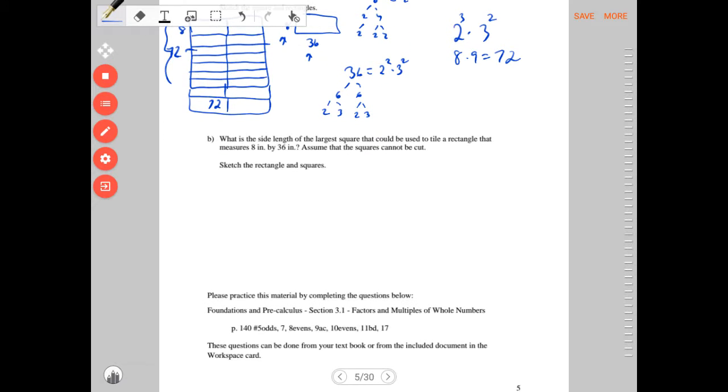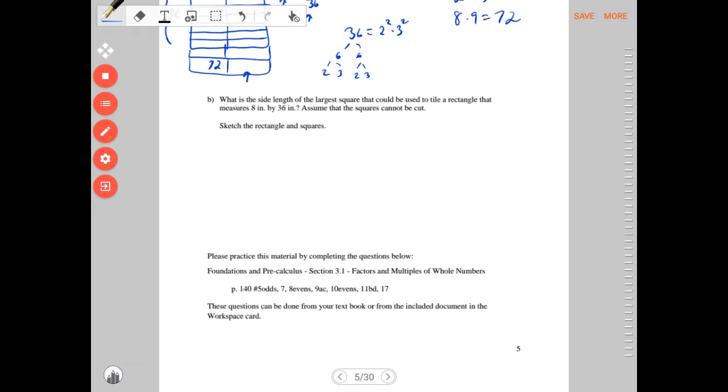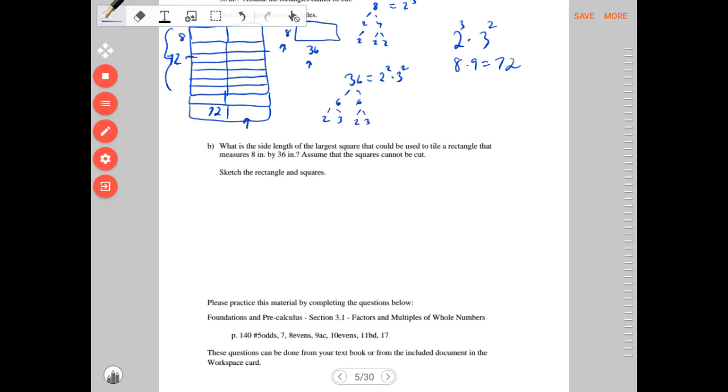Now B. What is the side length of the largest square that could be used to tile a rectangle that measures 8 by 36? Assume the squares can't be cut. So now we're going to take one of these tiles from the first question, 8 by 36. What's the biggest square that I can use to tile that?